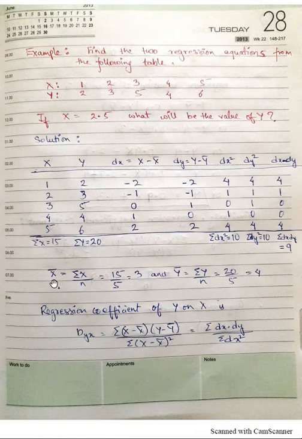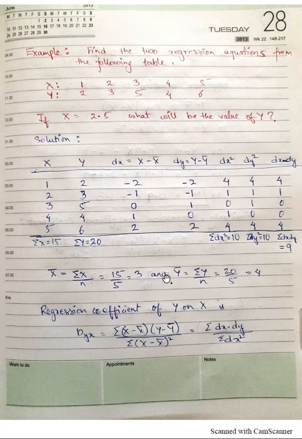So to find x bar, x bar is equal to summation x by n. What is n? N is the number of observations. Number of observations is equal to 5. So summation x here is 15 and n here is 5. Therefore x bar is equal to summation x by n, that is 15 by 5, that is equal to 3.